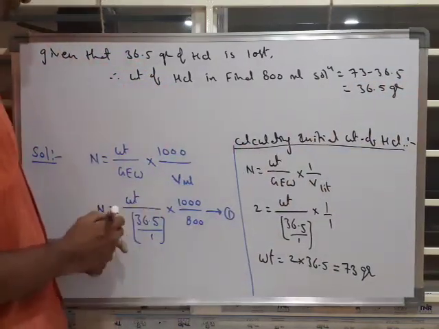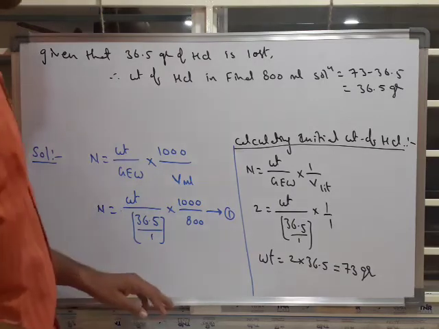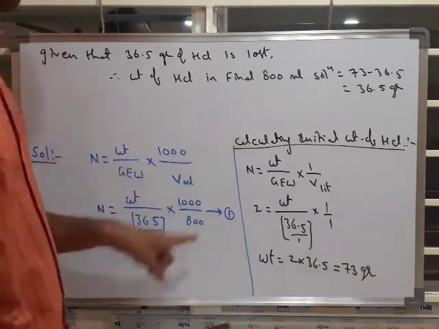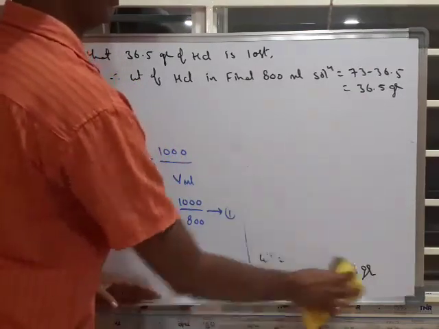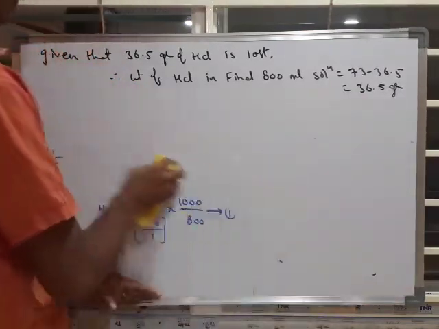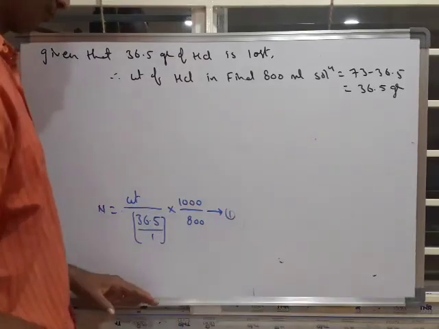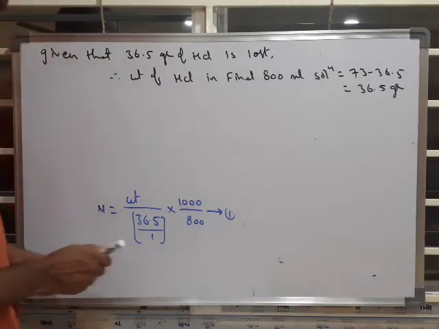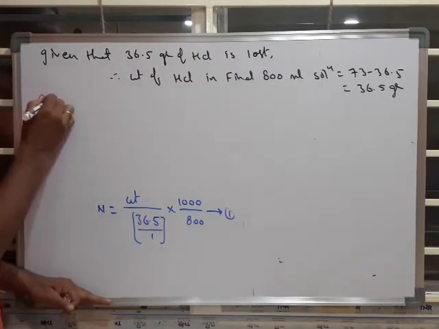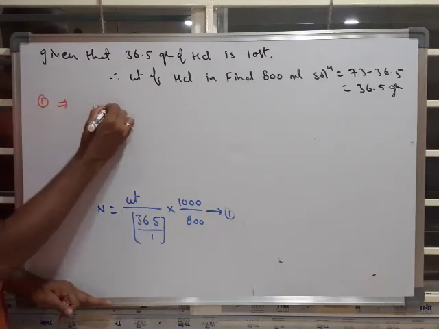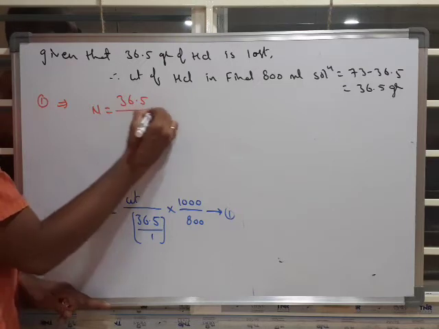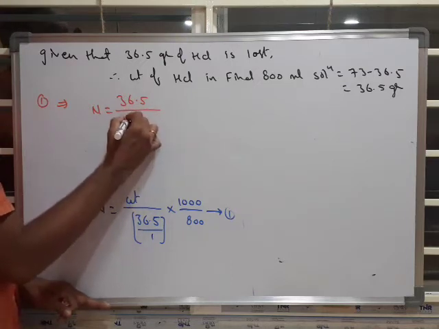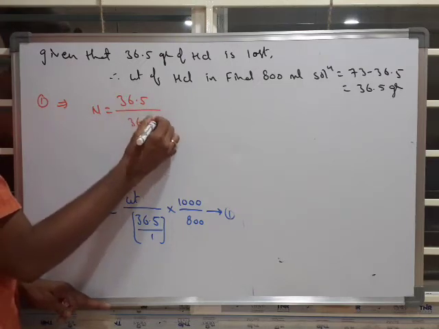Okay, so again go to equation 1, which means we now know the weight in the 800 milliliter. So from equation 1 we can write the normal weight, which is 36.5. What is the equivalent weight? We have already done it.